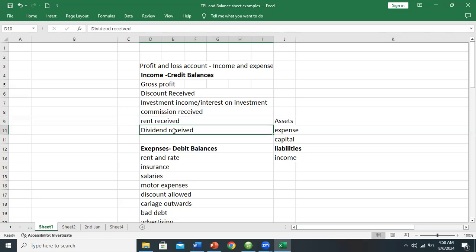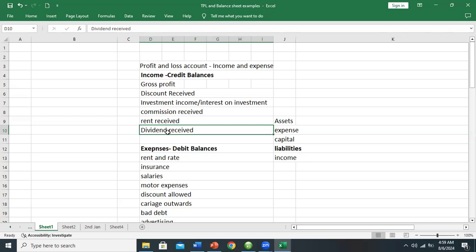Dividend received is a form of interest on investment, but this is when you invest in the shares of a company. When we say you are buying the shares of a company, it simply means that you are a part owner of the company, right? Remember the types of business ownership are sole proprietorship, partnership, and then the company.